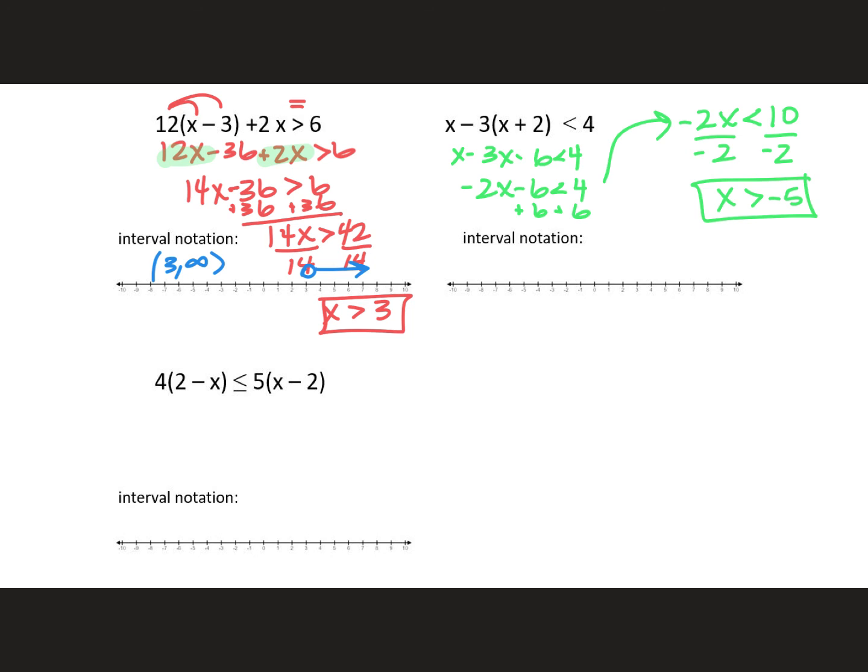Notice on this one I divided by a negative, so I did flip that symbol. So then on the graph we would have an open circle at negative 5, an arrow to the right, and the interval would be negative 5 to infinity.